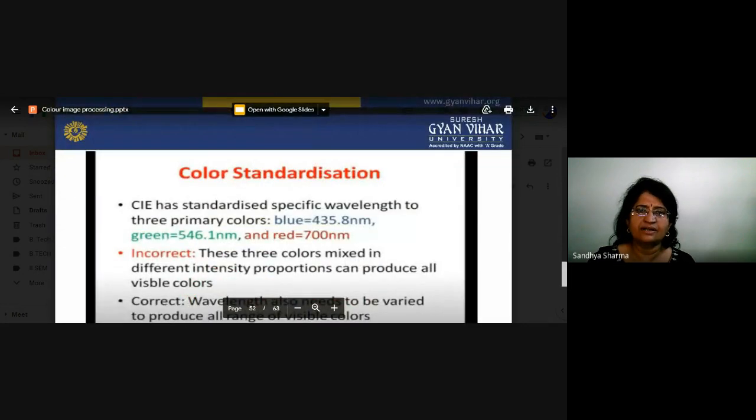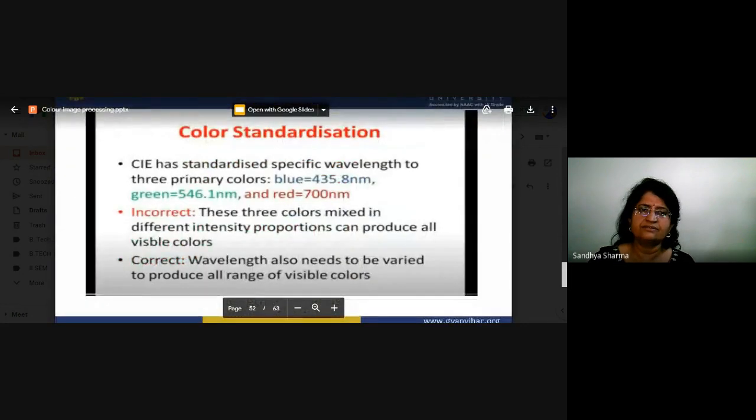So what about color standardization? This is how the CIE standardized specific wavelengths for the three primary colors. Blue is 435.8 nanometers, green is 546.1 nanometers, and red is 700 nanometers.